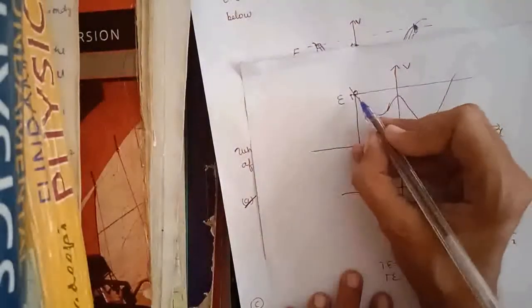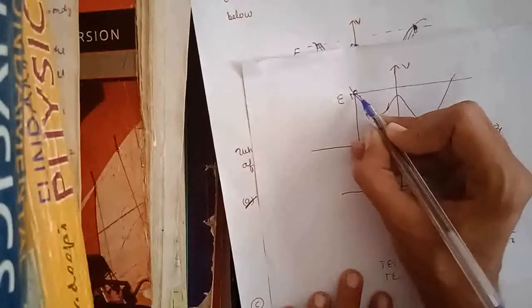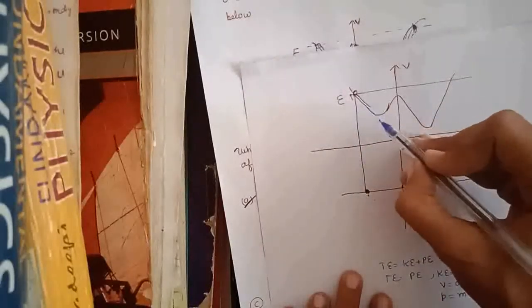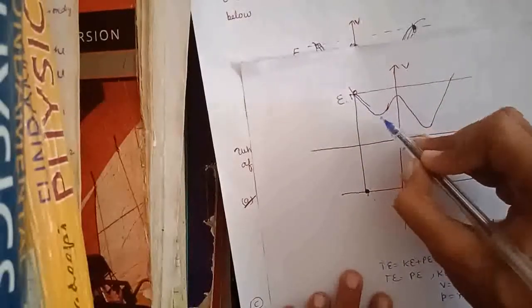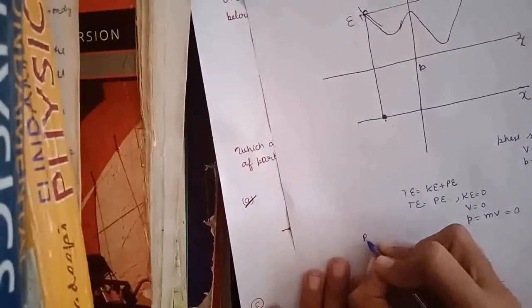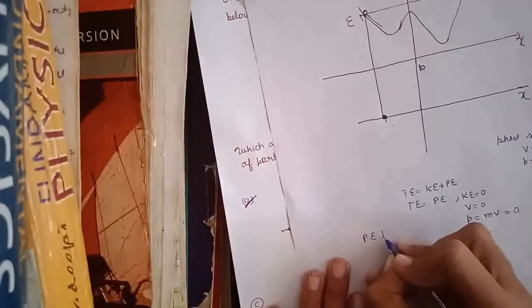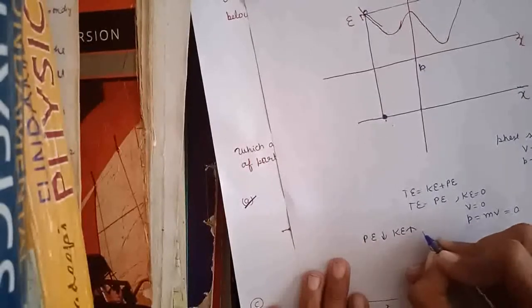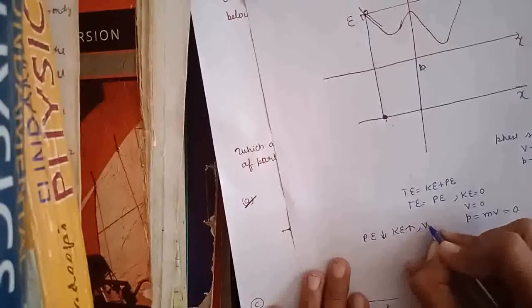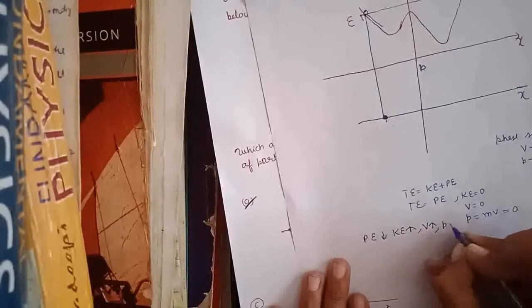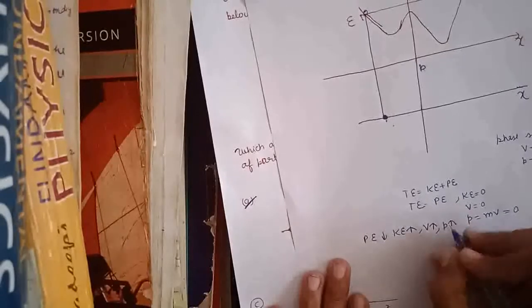Now watch here: slowly this particle is moving over here. If the particle is moving here, its potential energy is decreasing, so its kinetic energy will increase, its velocity will increase, and its momentum will also increase.